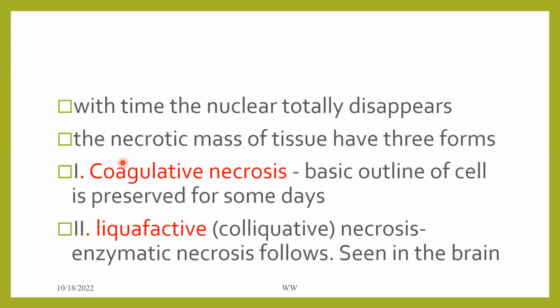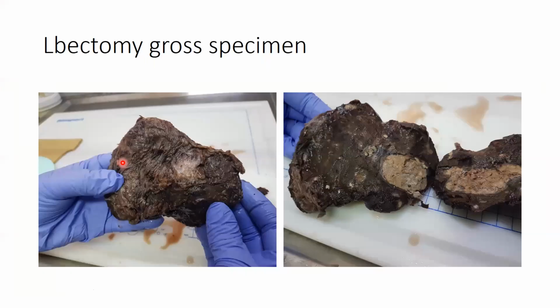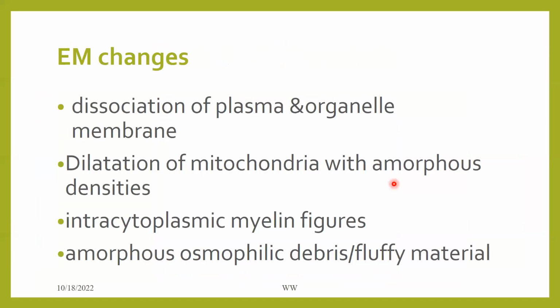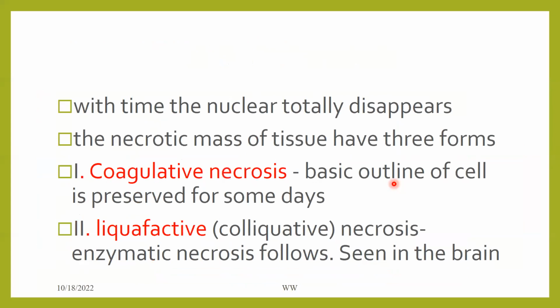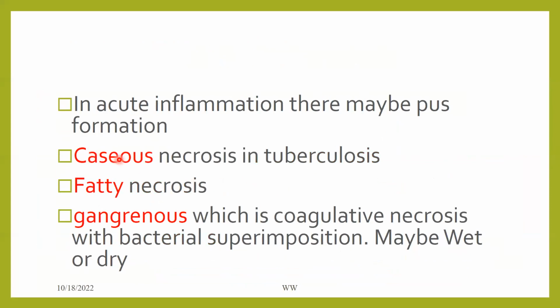And I have shown you with that image the way it looks quite thick, like you can rub it off. And that's what is called caseous necrosis. It's a type of coagulative necrosis unique to tuberculosis. We don't see other disease processes producing caseous necrosis.